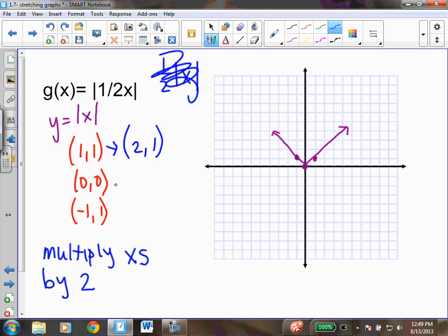So (1, 1) becomes (2, 1). (0, 0) stays the same. And (-1, 1) becomes (-2, 1). So I'll plot my new points. And that's my function. My final graph would be the blue.